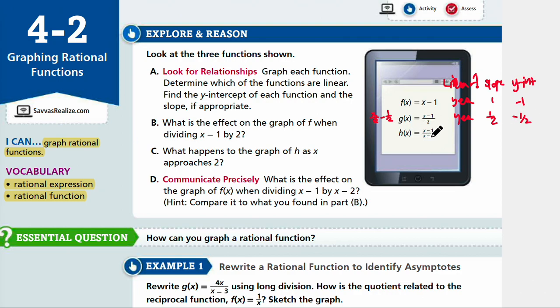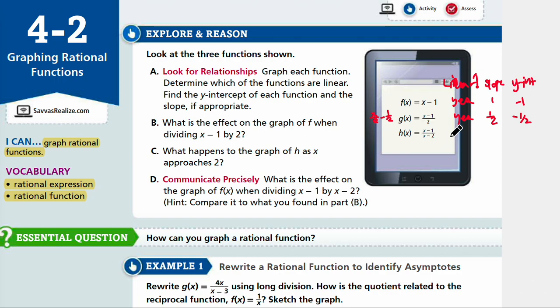h of x, however, we have x minus 1 and x minus 2 in both our numerator and denominator. So the variable x is both in the numerator and the denominator. Whenever you see the variable in the denominator, you'll see a rational function. If you have a variable in the numerator and with the same power in the denominator, then it's still a rational function.